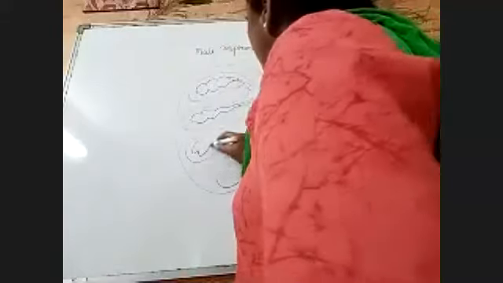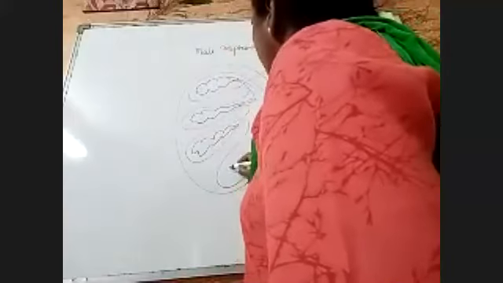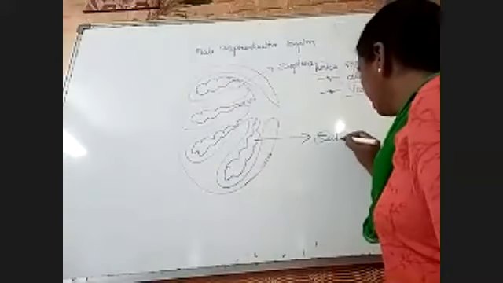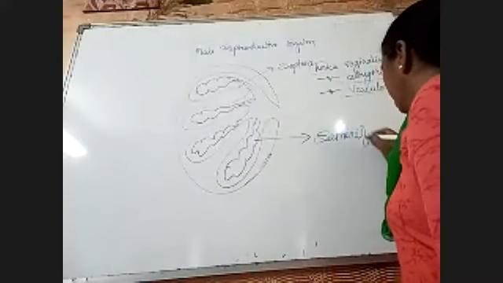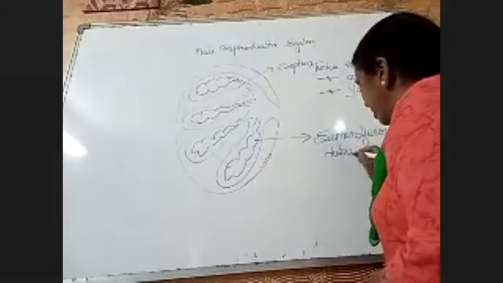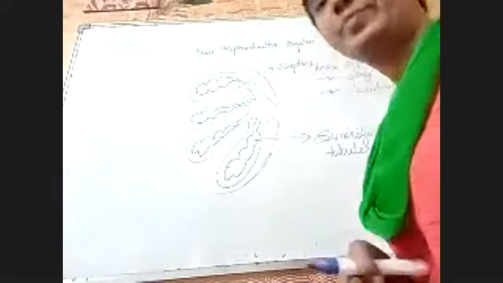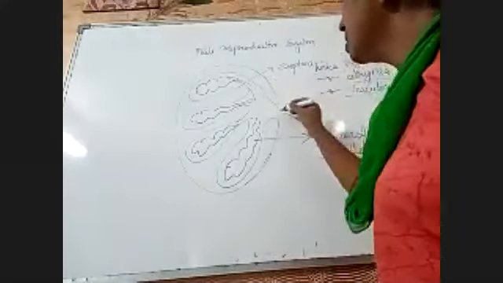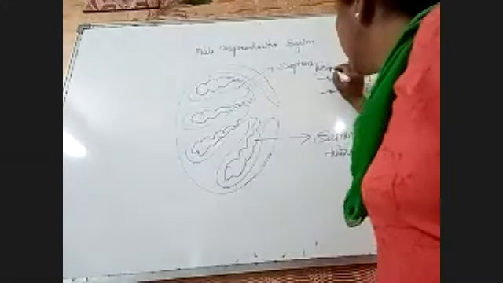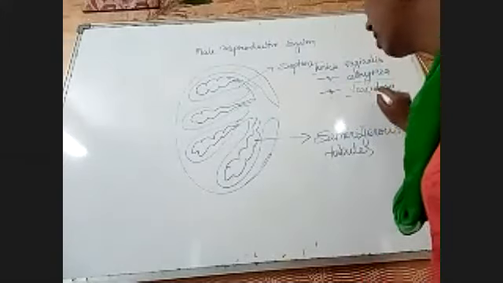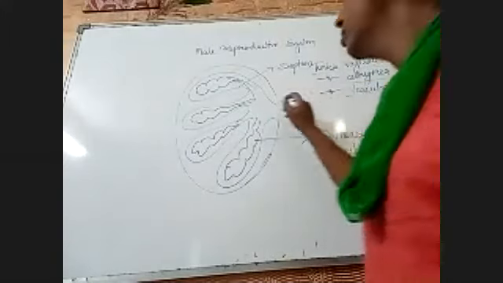Okay, so this lobulated part is called seminiferous tubule. समझ में आ रहा है? Okay, so this testes is lined by 3 layers: tunica vaginalis, tunica albuginea, tunica vasculosa.